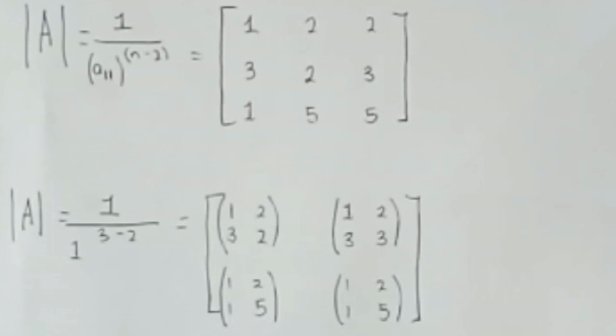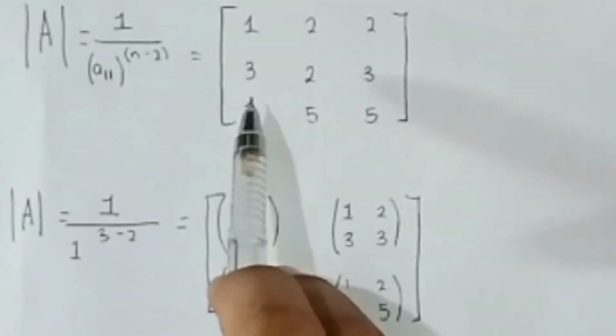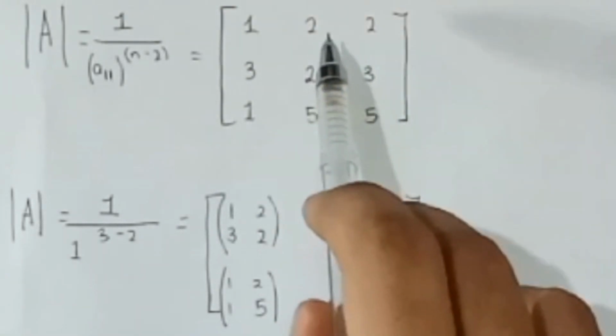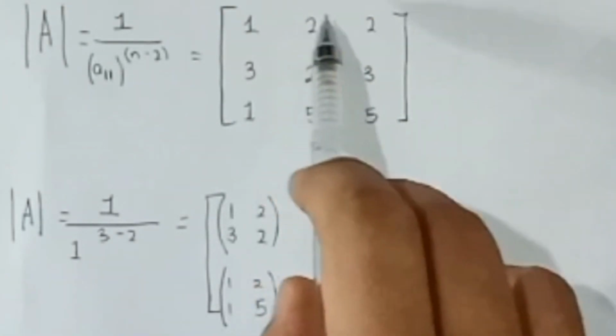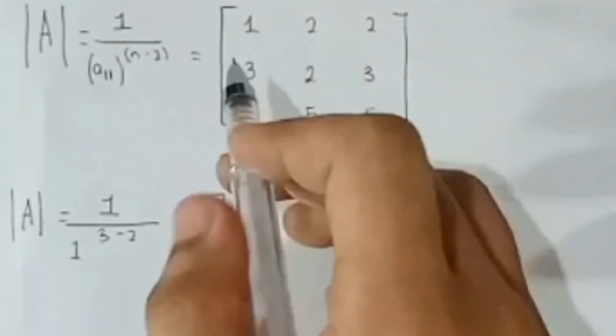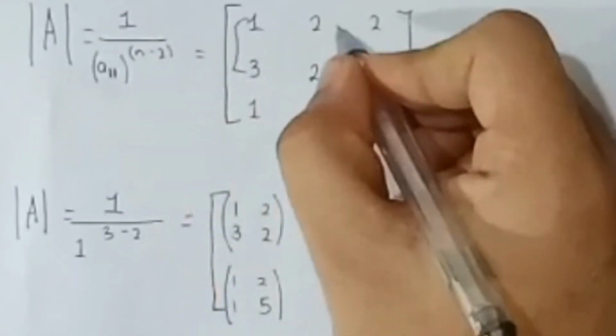And then, para isolve ang ating determinant sa A, una, group natin ang mga elements na nasa given. Sa ating unang group, first row and first column, and then first row and the second column.